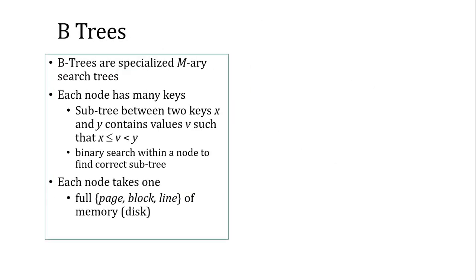So a B tree is a specialized M-ary tree, where each node has many keys. Subtrees between two keys x and y contain values v such that x is less than v is less than y.